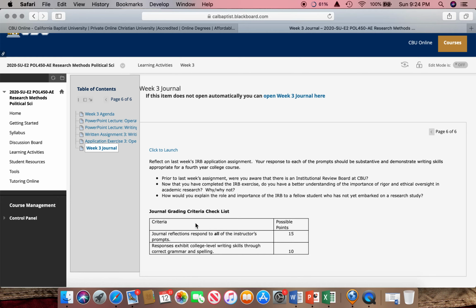And finally, how would you explain the role and importance of the IRB to a fellow student who has not yet embarked on a research study? Remember, journals are one-to-one communication, as if you were talking to me personally. But understand, I want a substantial amount of information. I want you to answer all these questions. And there's the rubric that follows.